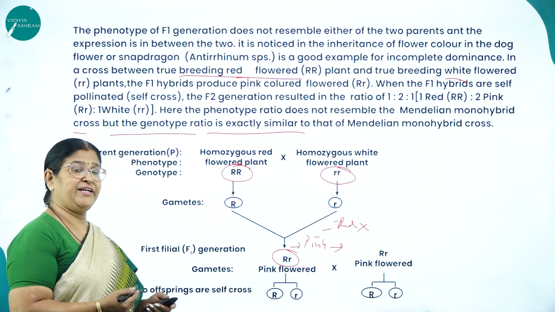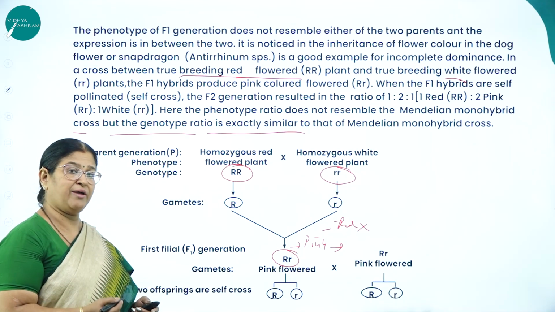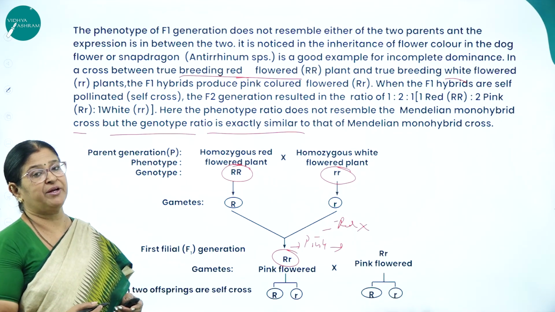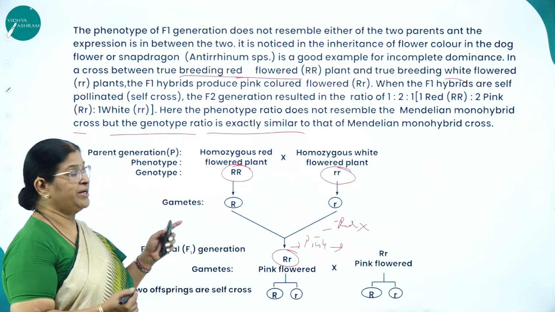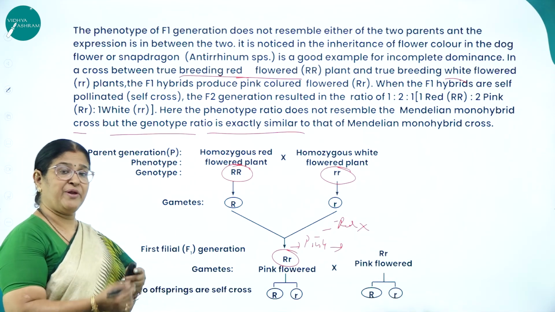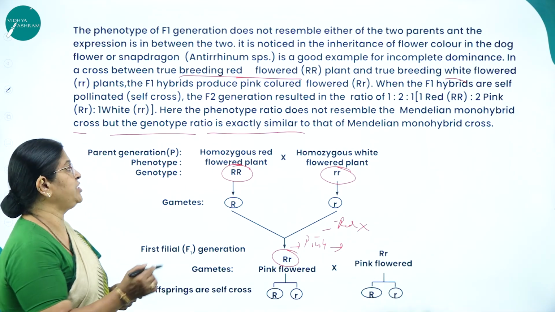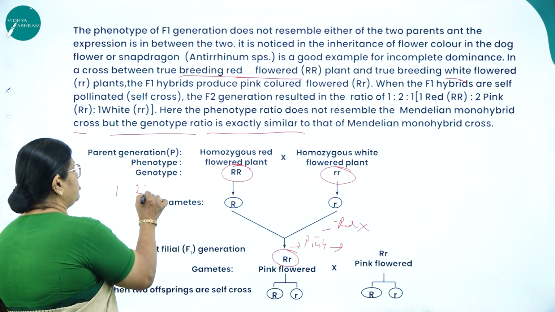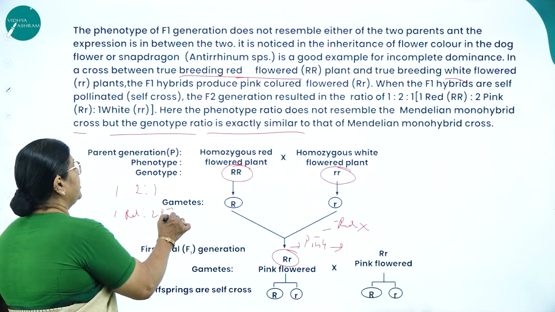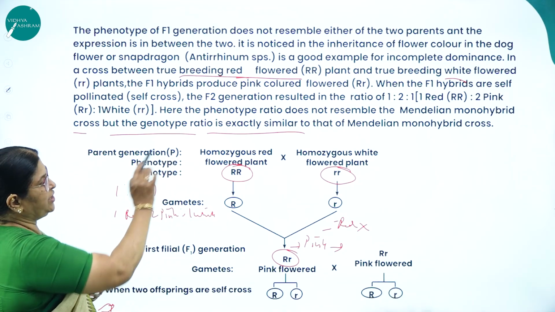Already we have studied the inheritance of one gene explained with Mendel's monohybrid cross, where the phenotypic ratio is 3:1 and the genotypic ratio is 1:2:1. But in this schematic representation which explains incomplete dominance, the phenotypic ratio as well as the genotypic ratio is 1:2:1, that is 1 red to 2 pink to 1 white.